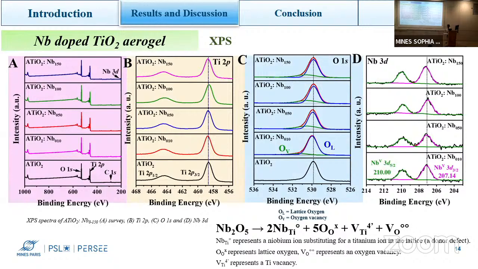The oxygen vacancies are generated because when niobium doping replaces titanium, there has to be an electron balance. So to achieve this balance, it has to generate oxygen vacancies. And then niobium shows as Nb5+, as we expected.